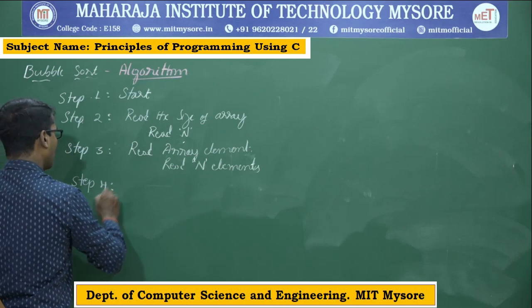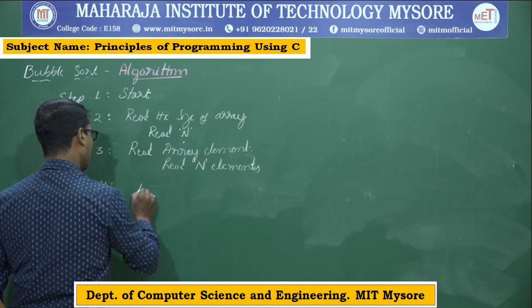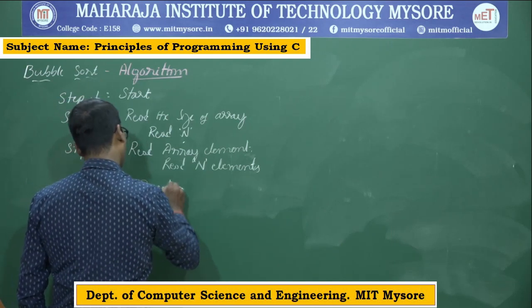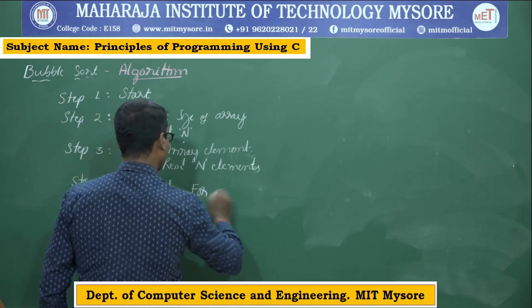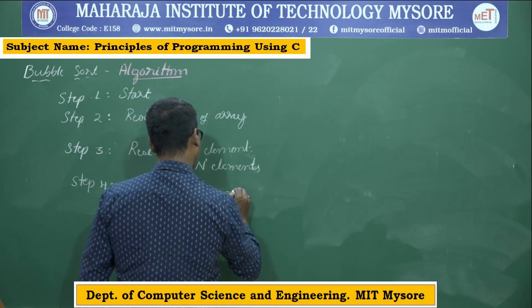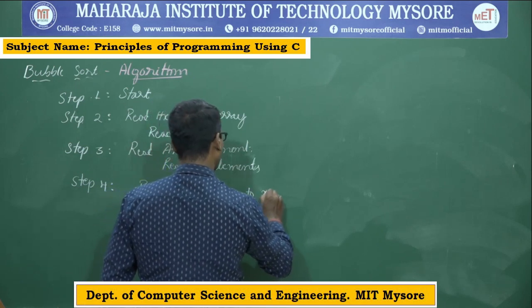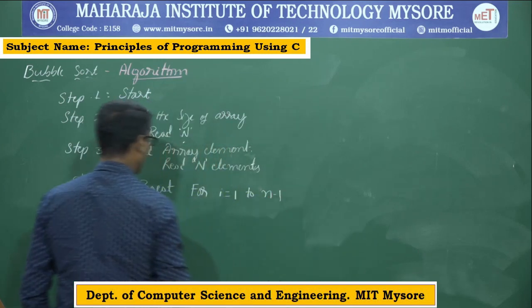step 4, we need to perform bubble sort. So repeat for i is equal to 1 to n minus 1.